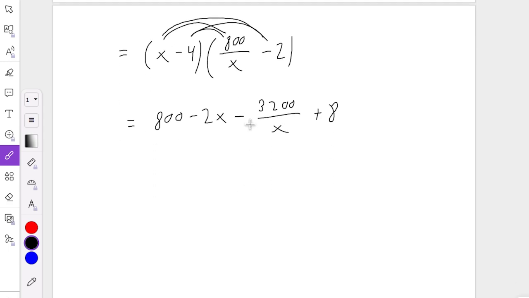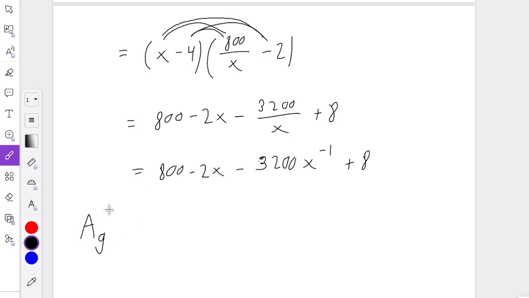Okay, so I'm not even going to simplify this, really. The only thing I will do, I will rewrite this 3200 over x as 3200 x to the minus 1 power. The 8 and the 800, I don't even care about. I can combine them very easily. I can make it 808 if I really want to.